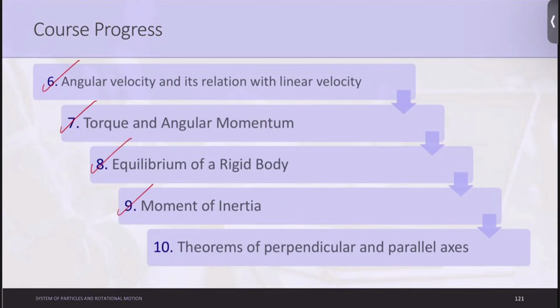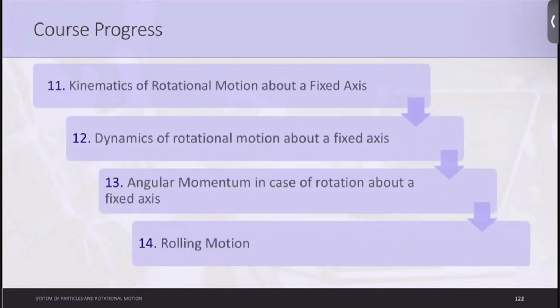A little bit of discussion is left, and then we will move on to the 10th concept, that is theorems of perpendicular and parallel axis. After that is done, we'll move on to 11, that is kinematics of rotational motion about a fixed axis, which is basically the analogy of the linear or translational motion to your rotational motion.